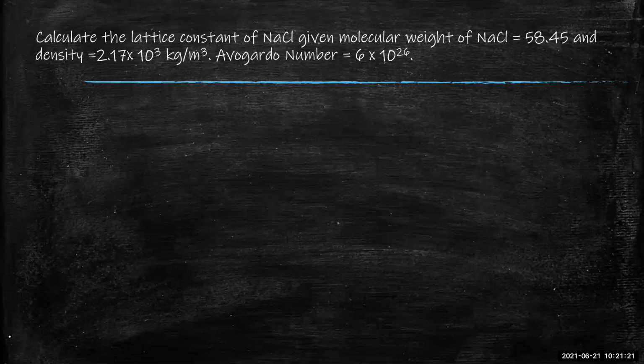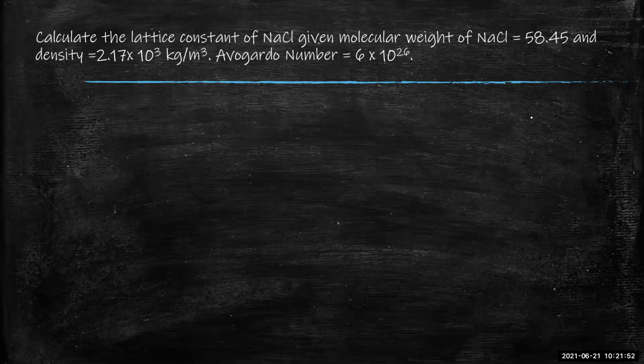If it represents grams, the Avogadro number is taken as 6 into 10 raised to 23. Okay. Here our question is, we have to find the lattice constant A.